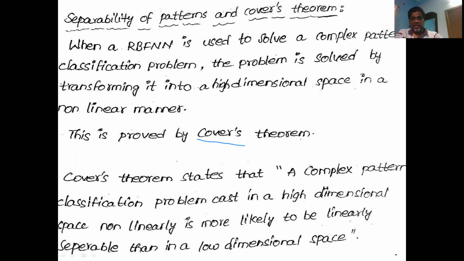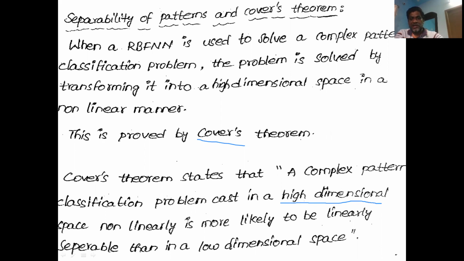So the point is very clear here. If the input space is low dimensional, then it is difficult for us to design a neural network. Whereas if the input space can be mapped into a high dimensional space, then we can easily design one. So it is more likely to be linearly separable.